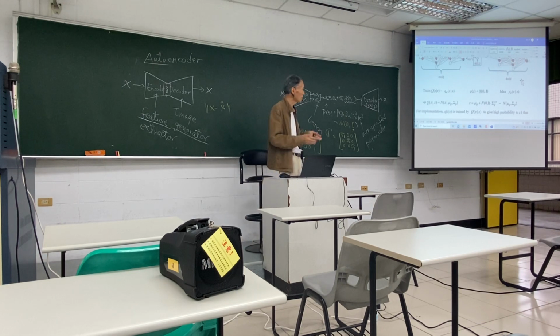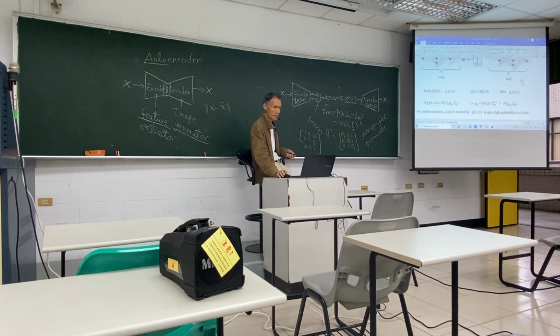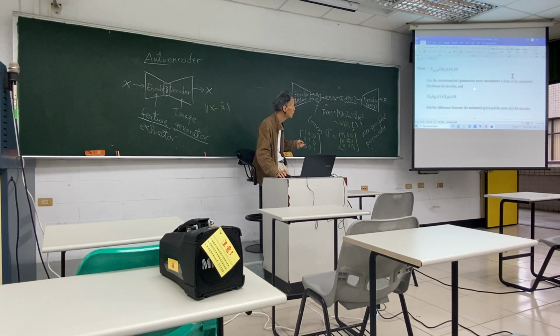But for VAE, to make sure the encoder will follow the Gaussian distribution, given P of Z is a standard Gaussian function, we need to do something about it. So the difference is we'll put some restriction on the distribution of Z. Is it right?